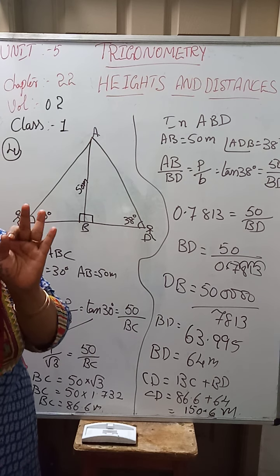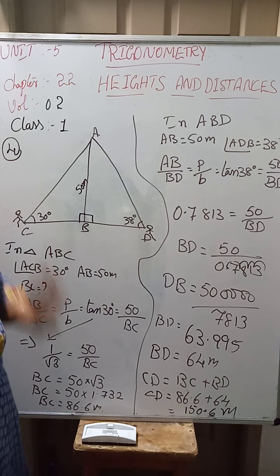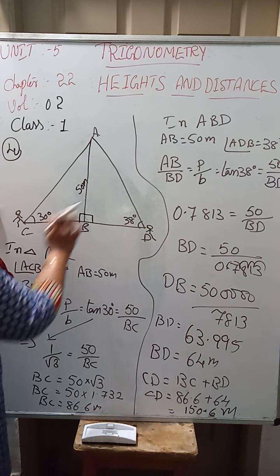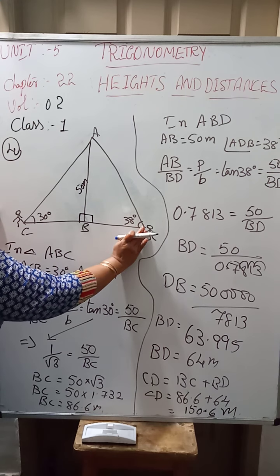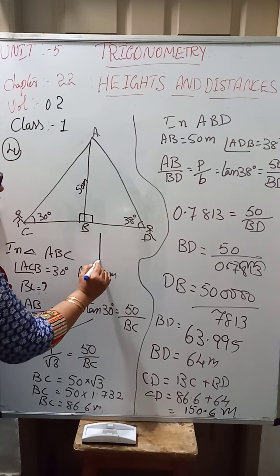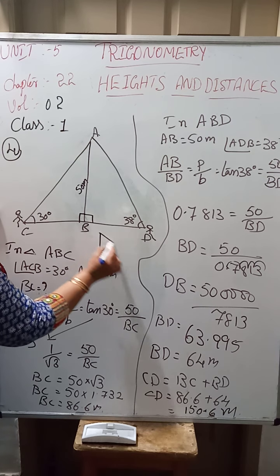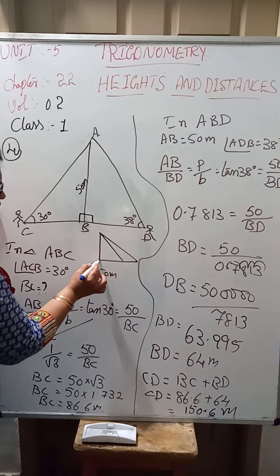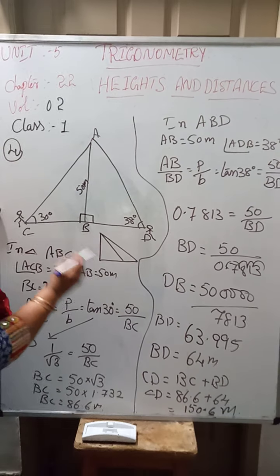First thing is you should read the question carefully and draw the right figure. In case of the opposite direction, the tower is here, one person stands here and another person stands here. The angle moves towards 90 degrees, so it will be greater.